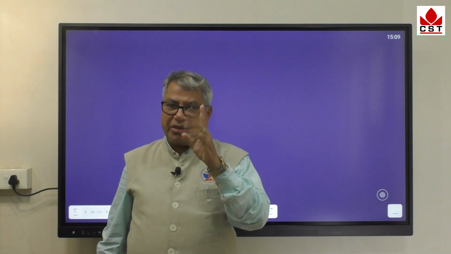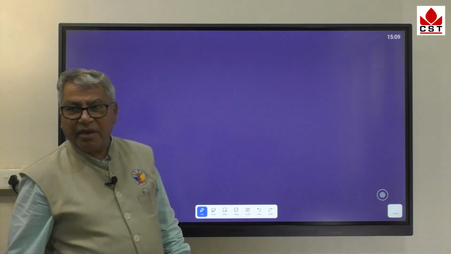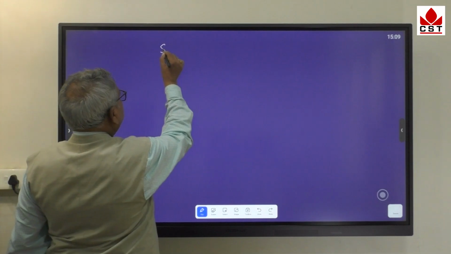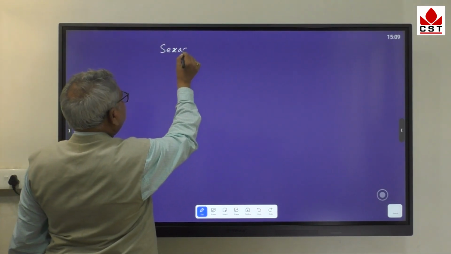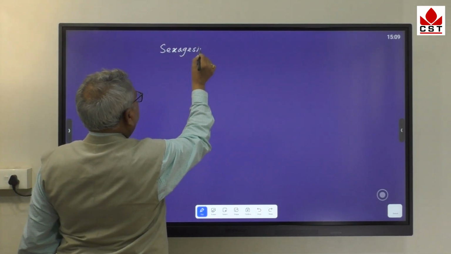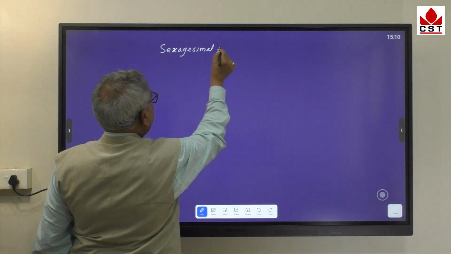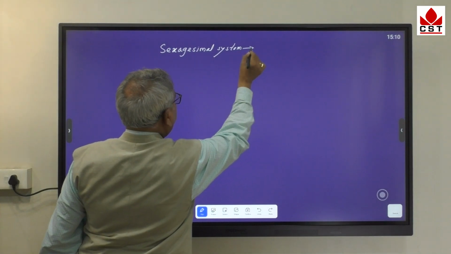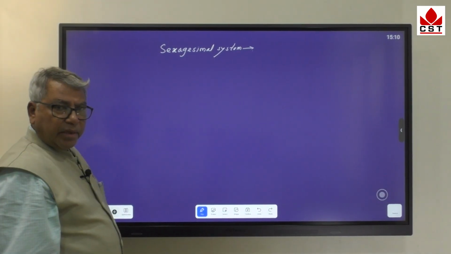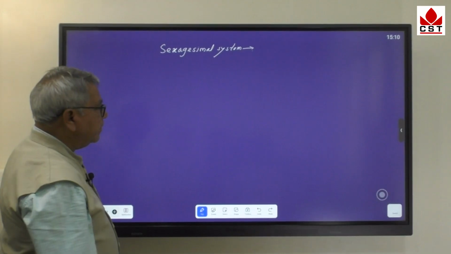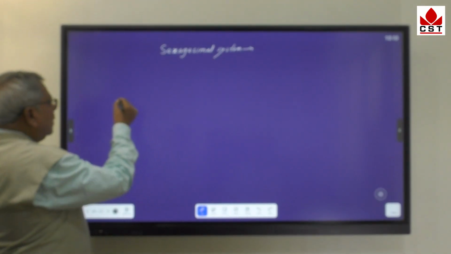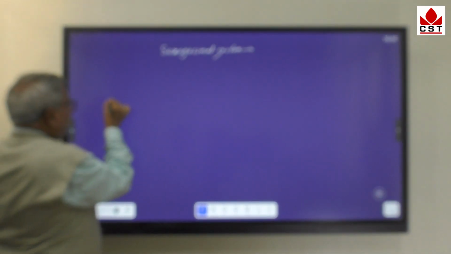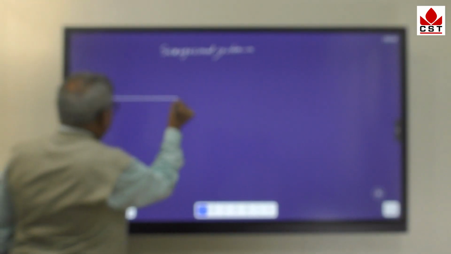So the first system is called the sexagesimal system. In the sexagesimal system, there is a complete angle.